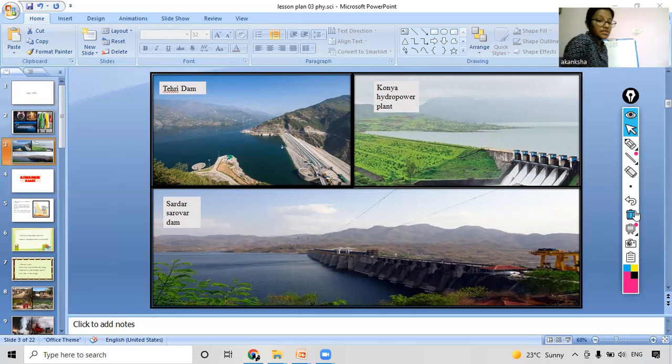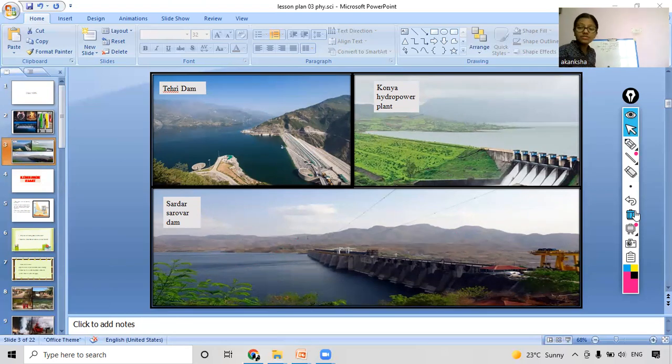Yes. So the first topic we are going to study in today's lesson is the hydropower plant, right? As in the name you can see, hydro means water. When water helps in the generation of electricity, then that plant, or that small-scale industry, is called a hydropower plant.